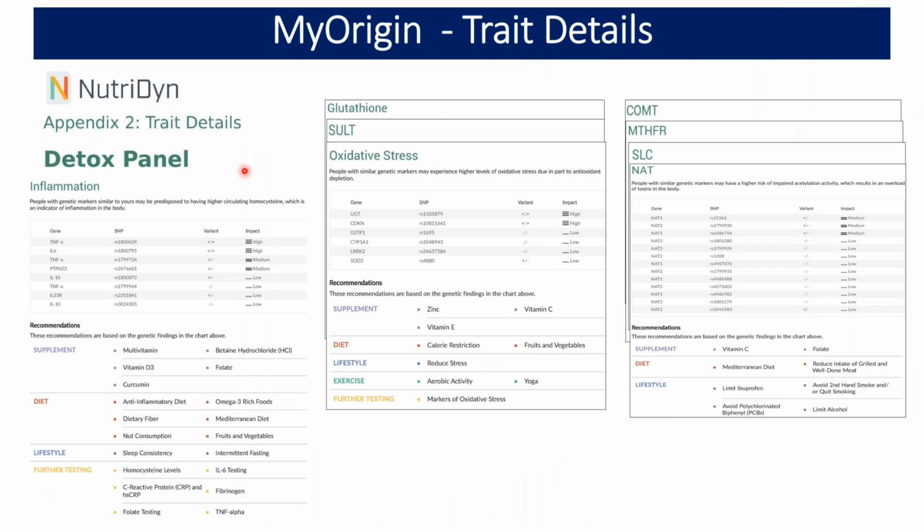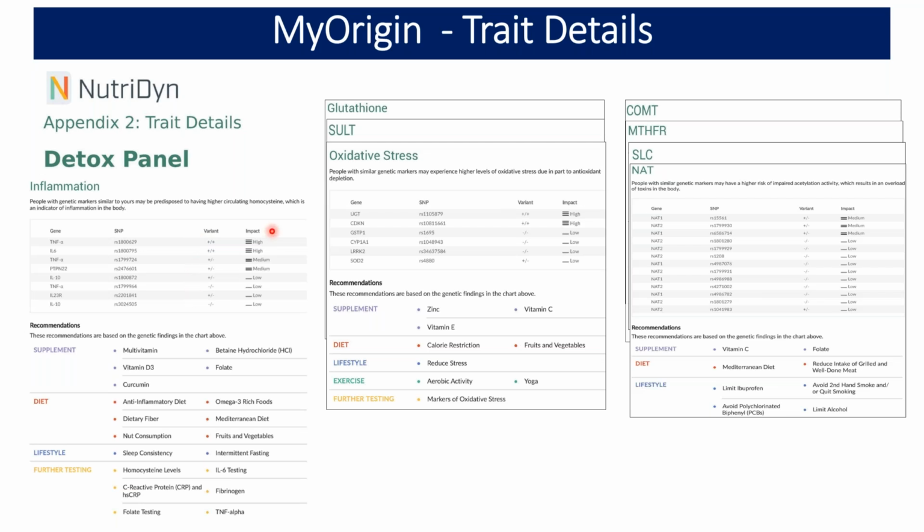Further into the report are actual trait details. So this is all one page. It looks at the particular genes. This is for the inflammation trait. Then they look at the specific genes that cause inflammation, what the SNP is, the RS number is the specific SNP and the specific location of that gene, and what that variation is, a plus plus or a plus minus or even minus minus.